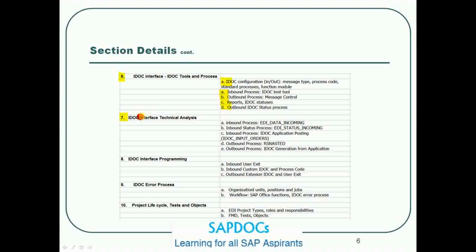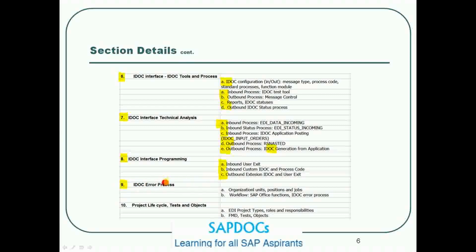Section 7 is IDOC interface technical analysis. There are 5 lectures: inbound process status process, inbound process IDOC application posting, then outbound process and outbound process with IDOC generation from application. Section 8, IDOC interface programming: user exit, custom IDOC, and extension IDOC.